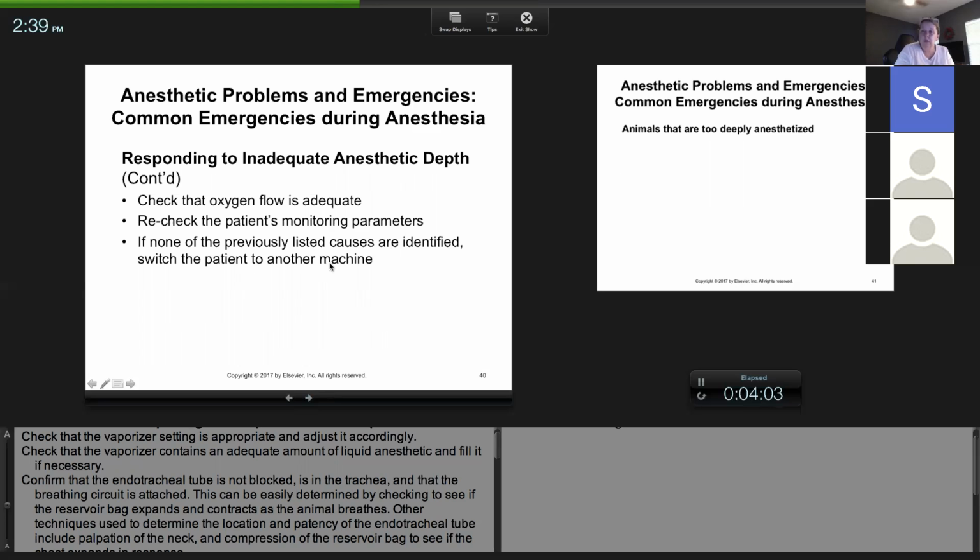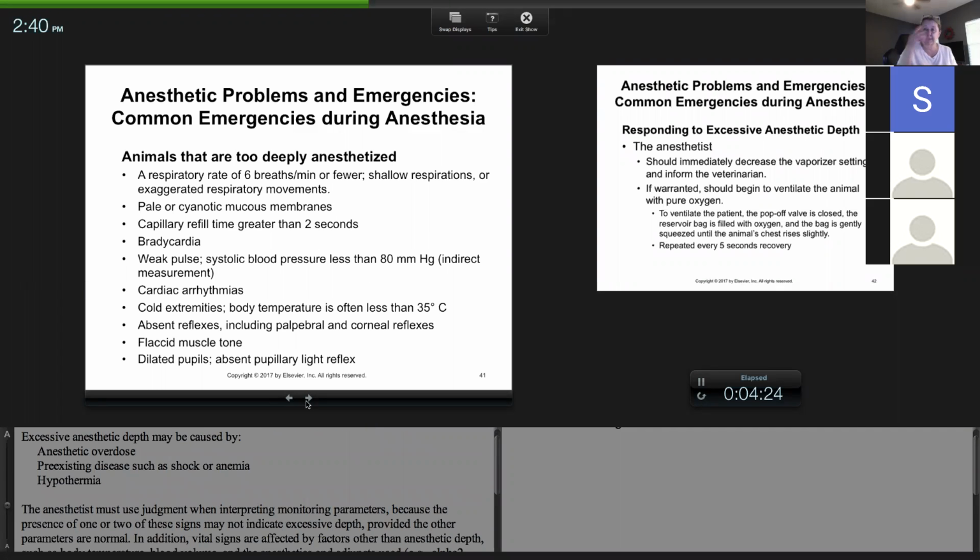But I will tell you, gas anesthesia does not treat pain. So sometimes if you did not give a good pre-med and the patient is reacting to surgical stimulus, and you keep having to turn them up, you may need to give them another shot of butorphanol or an analgesic. But again, you want to make sure the anesthetic is getting to the patient. You want to make sure they're using what you're giving them.